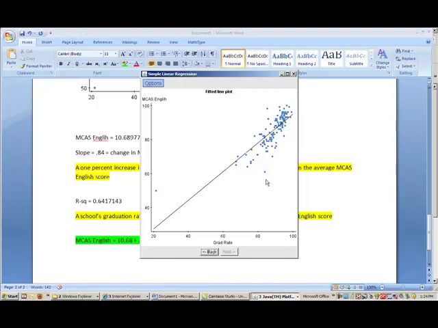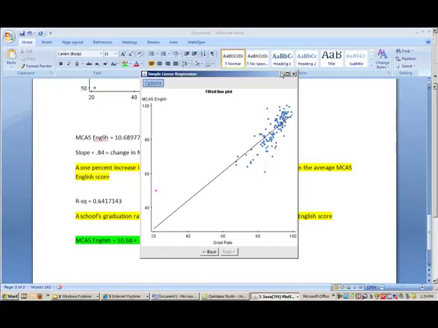I want to look at points that are far away from the line. I want the ones with the highest positive residual and the lowest residual. For the highest residual, I'm debating between this point and this point. So we're going to left click and put a little pink box around this one and a little pink box around this one.